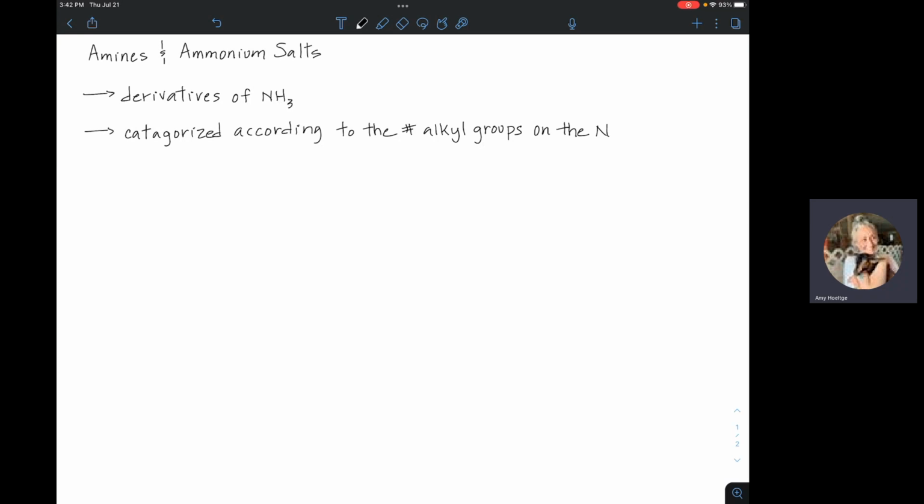So unlike alcohols, where we're categorizing the alcohol based on the carbon that it's attached to, we're going to actually categorize an amine based on how many alkyl groups are on the nitrogen.